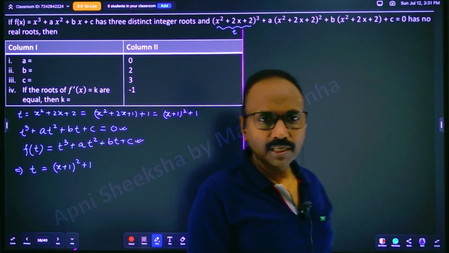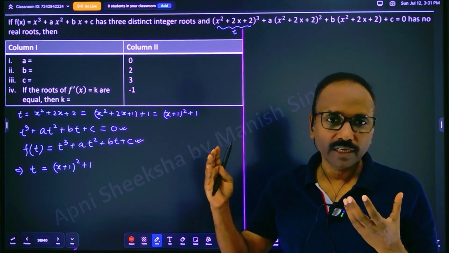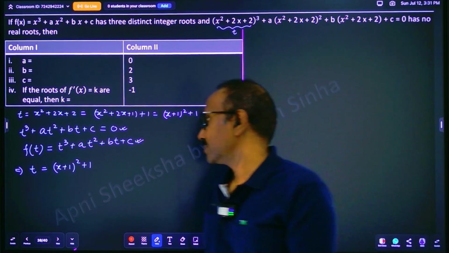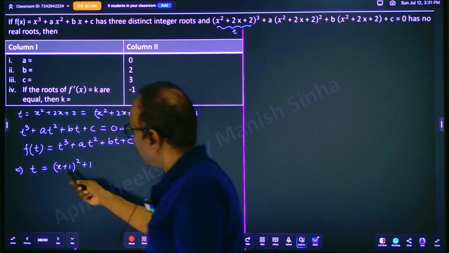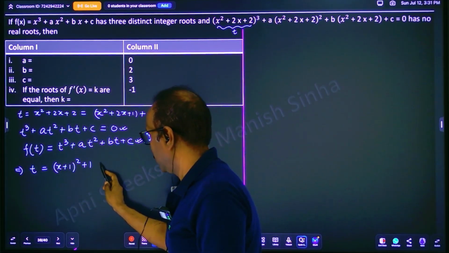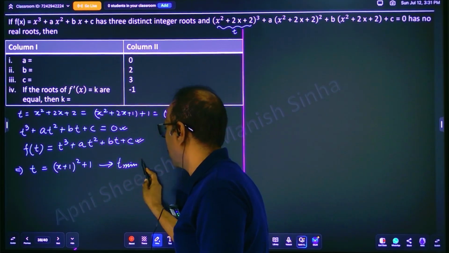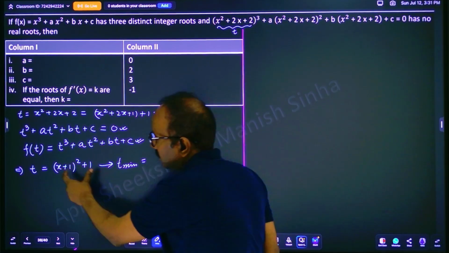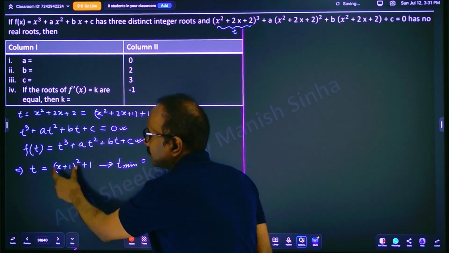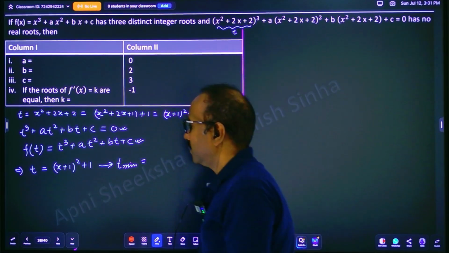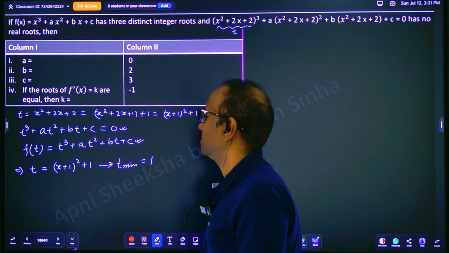To find the domain you must have the minimum value of t and the maximum value of t, right? Okay. So what will be the minimum value of t from here? When this part will become 0, so 0 plus 1 will be the minimum value, 1.